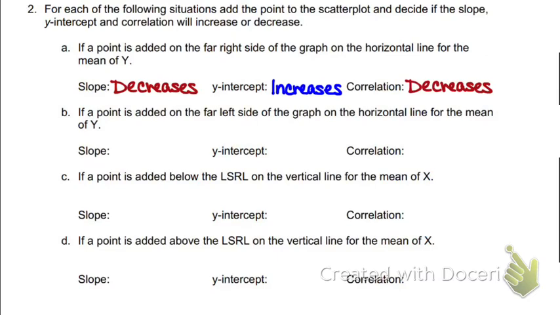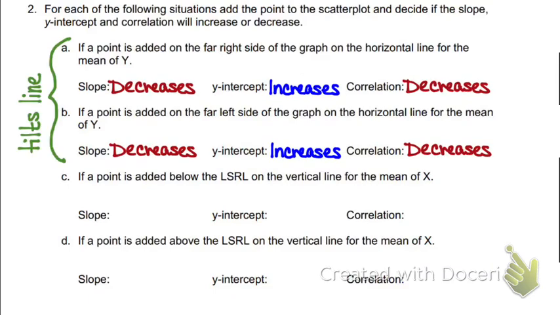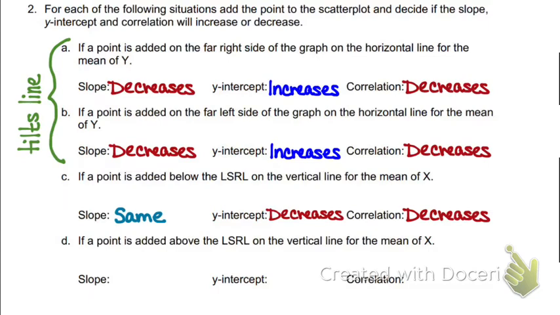We saw decrease, increase, decrease. Same thing for part B. Notice if I am having an outlier on the horizontal, it tilts my line. If we add a point below, slope stayed the same, y-intercept decreased, correlation decreased.